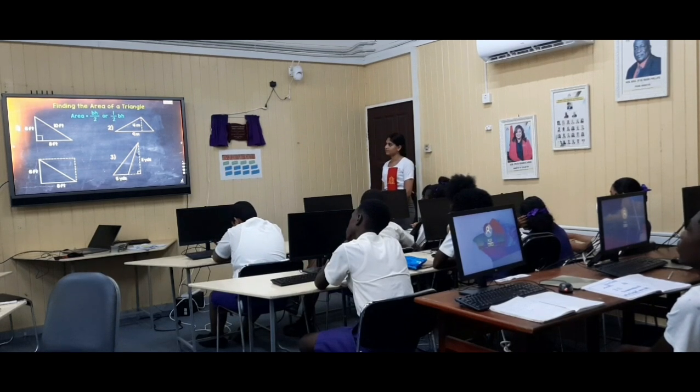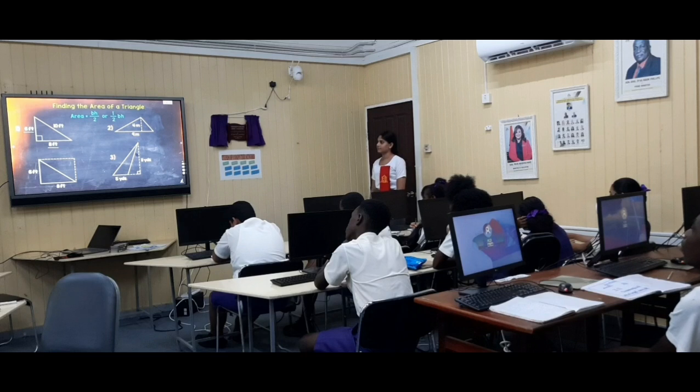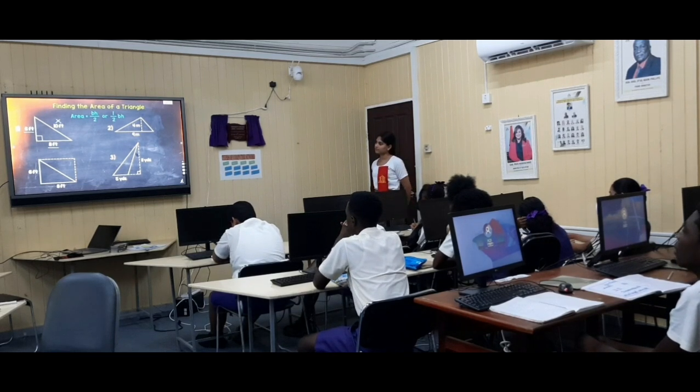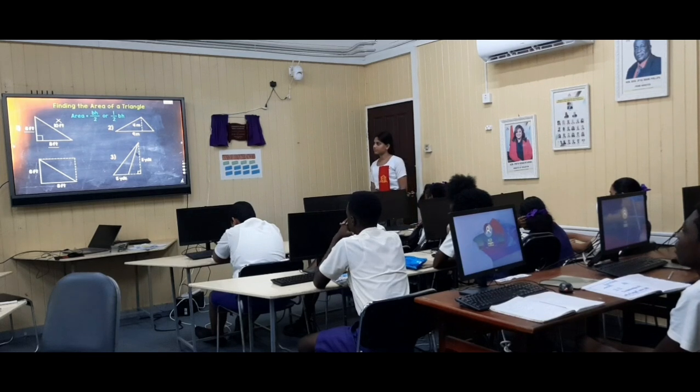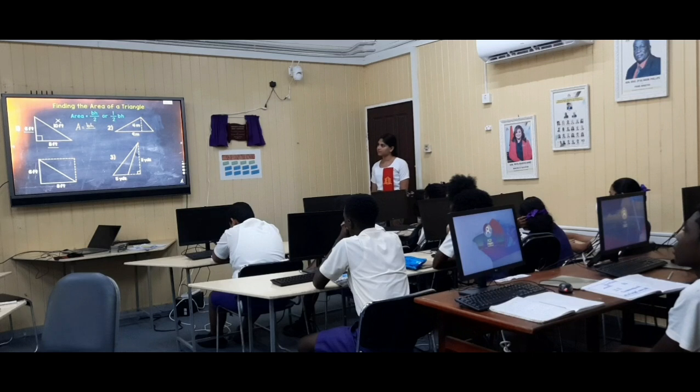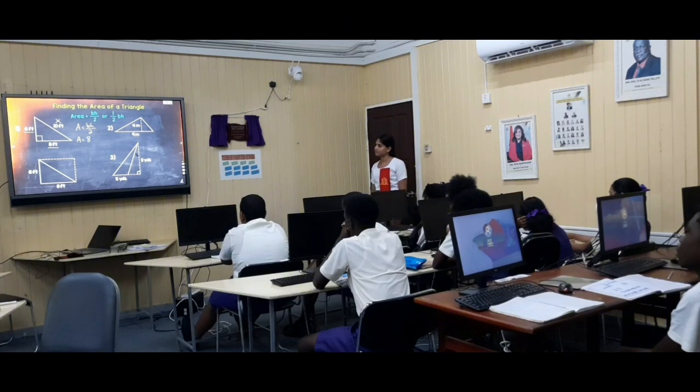Let's jump into number 1 where we have a triangle with a base of 8 feet and a corresponding height of 6 feet. We do not need this 10 feet right here in order to calculate the area. We have area equals base times height divided by 2. Let's plug in the base and the height. The base is 8 feet, so we have 8 feet times the corresponding height of 6 feet, so 8 times 6 divided by 2.